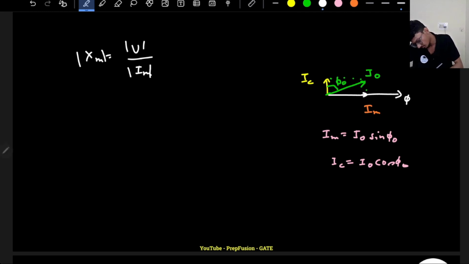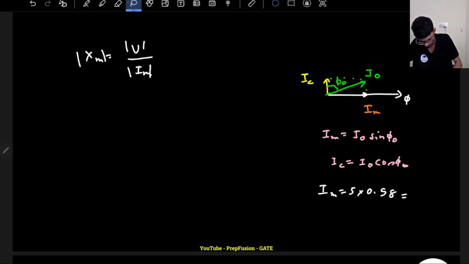So Im: I know sin phi naught is 0.98, and IO is 5, so 5 into 0.98 will be 4.9 amperes.